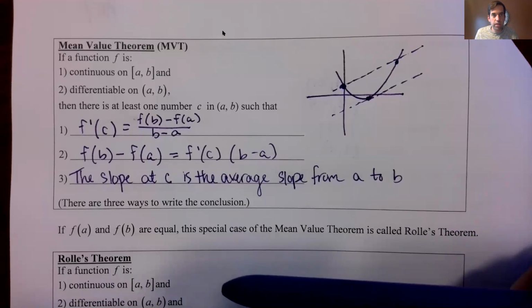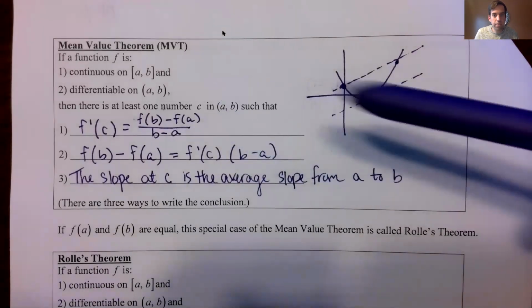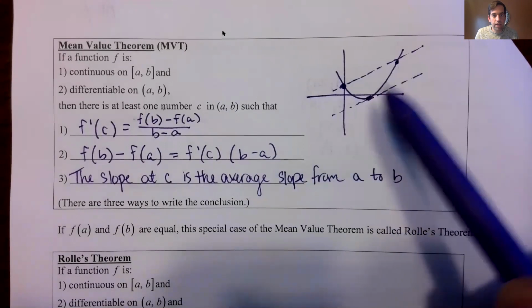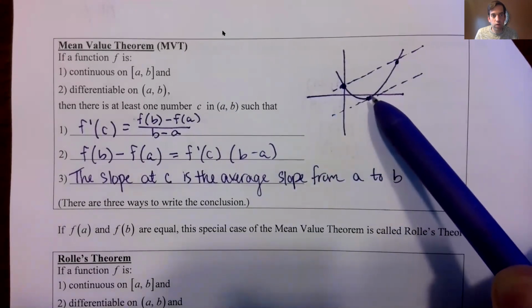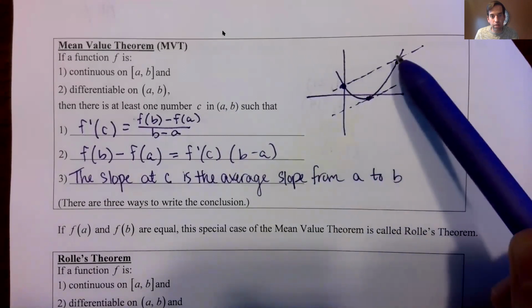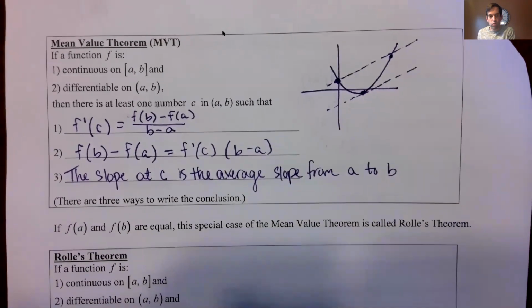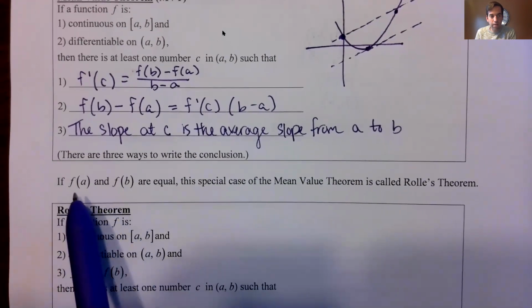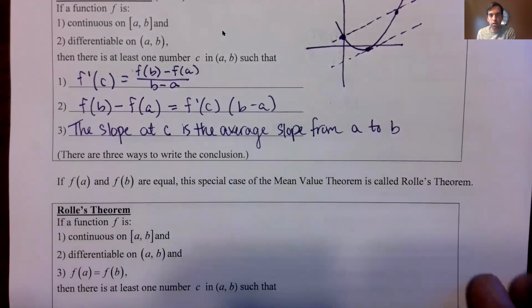So Rolle's theorem is really just an extension of the mean value theorem. The mean value theorem, as we talked about, is saying that from A to B, there's at least one point in between with the same slope as the average slope. So Rolle's theorem is specifically true when f of A and f of B are equal.